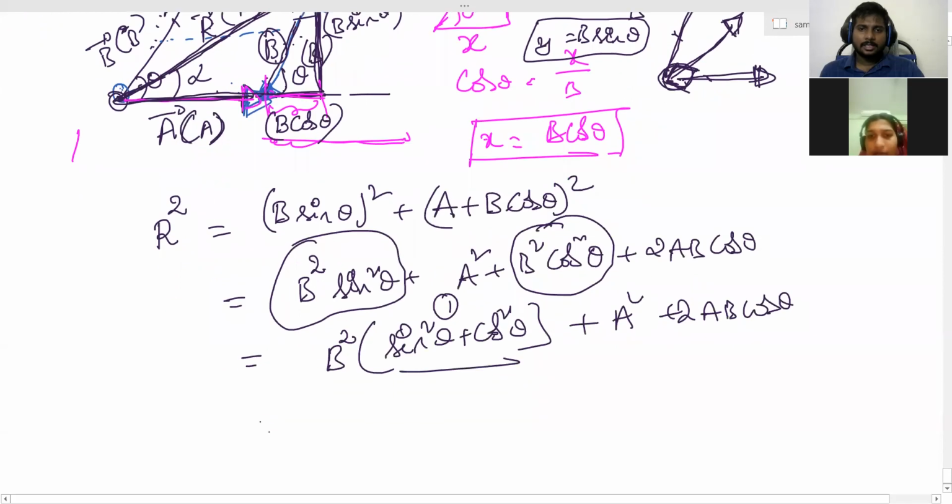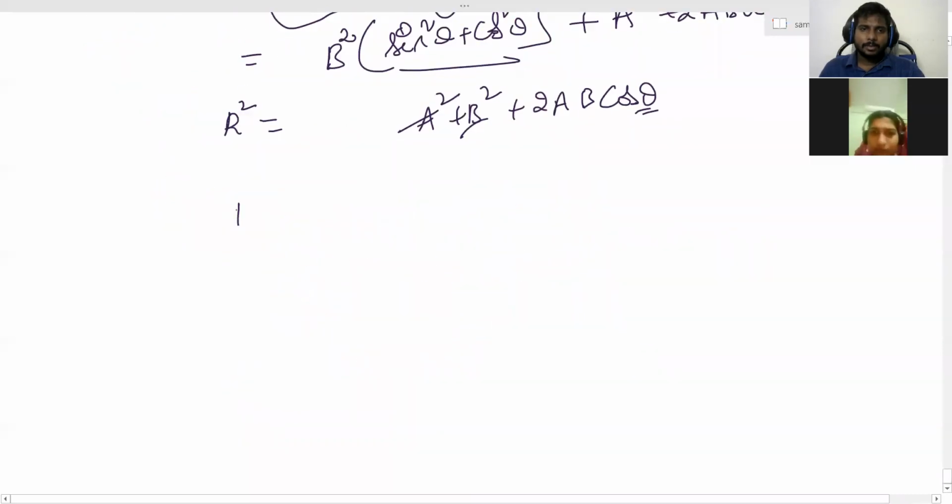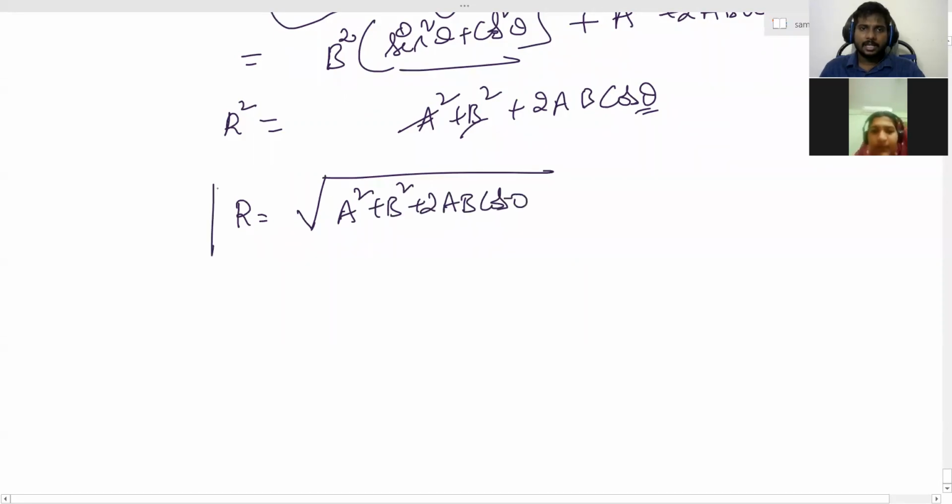Now the answer is A square plus B square plus 2AB cos theta. That means if you know the magnitude of A, the magnitude of B, and the angle between A and B, the resultant magnitude will be root over A square plus B square plus 2AB cos theta. It's a quite a 5-star, 10-star formula.